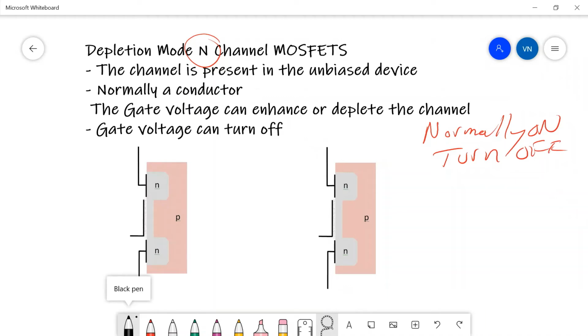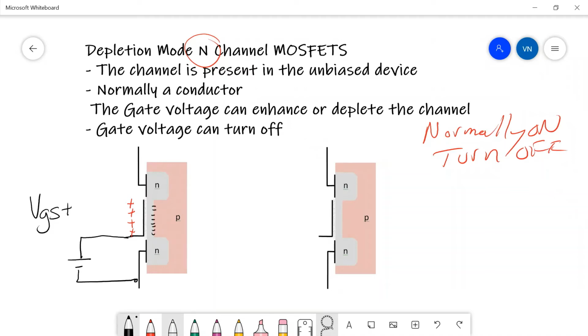So let's look at a situation where we want to enhance the conductivity. If we put a positive VGS on the gate, then we will be putting a positive charge on the gate of the FET, and this will attract electrons out of the P-type region. There are electrons out there.